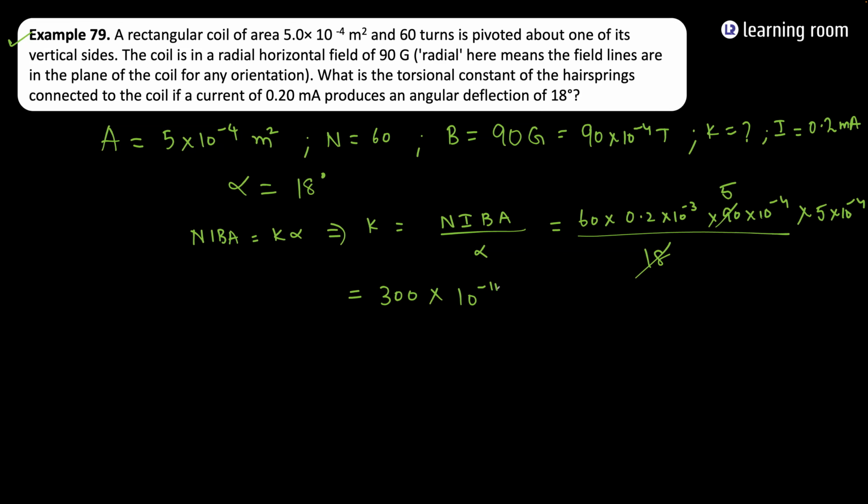So how is torque measured? In Newton meter. Divided by the value of alpha that you substituted, 18, which is in terms of degrees. So Newton meter per degree is going to be the unit. So 300 into 10 power minus 11, or 3 into 10 power minus 9, can also be written. Is the point clear?